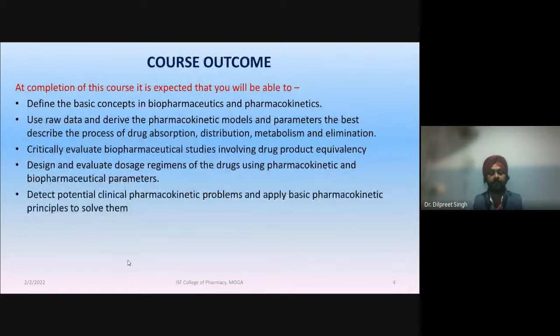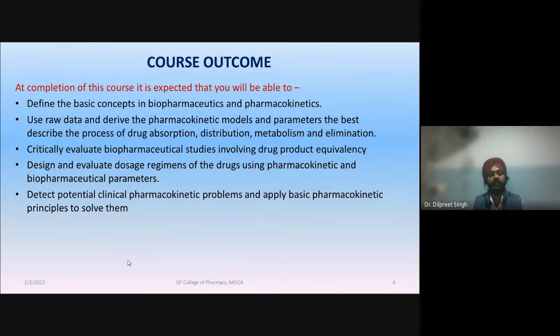At the completion of the course, the student is expected to learn the basic concepts in biopharmaceutics and pharmacokinetics, and using raw data and simulations, the student can predict the pharmacokinetic models and parameters, and estimate the best solution, understanding the various biopharmaceutical pathways, including drug absorption, distribution, metabolism, and elimination.